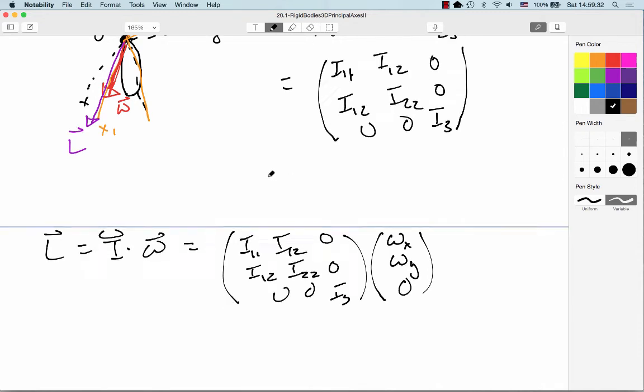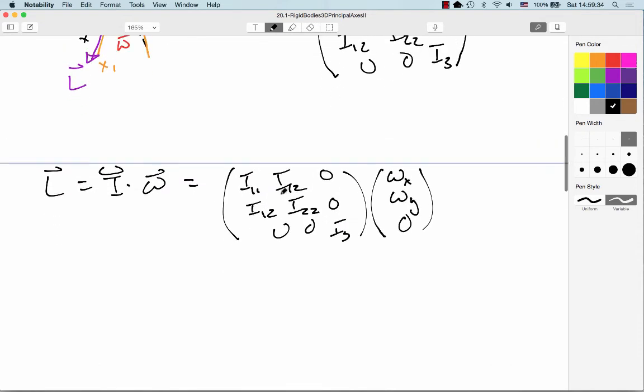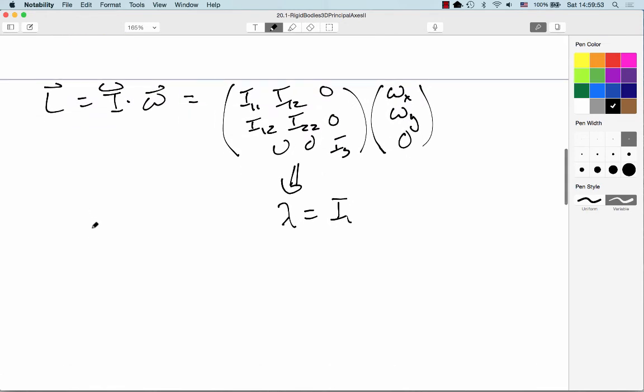But the one thing I do know is that that's an eigenvector, by definition. That's an eigenvector of my moment of inertia tensor. So I can replace the moment of inertia by the eigenvalue, which we'll just call I1. And so I can say that L is equal to I1 times my omega x, omega y, and 0.